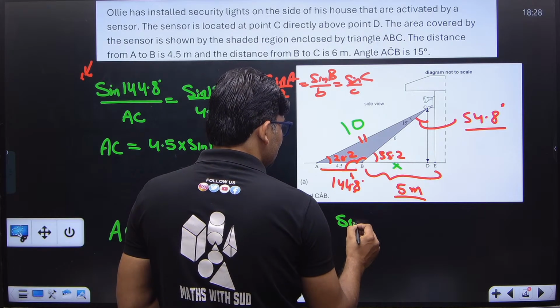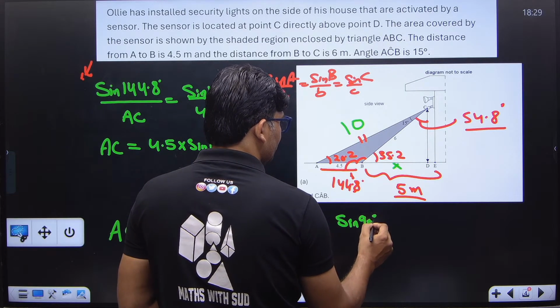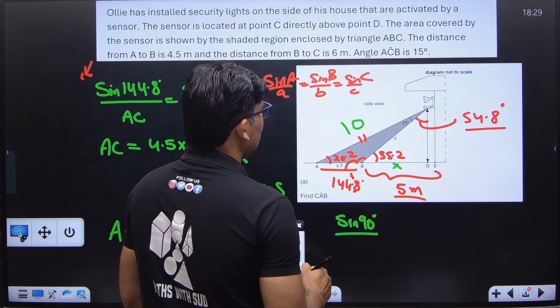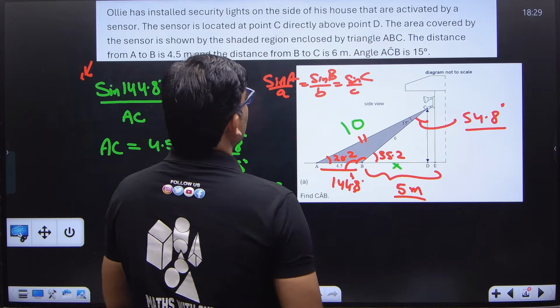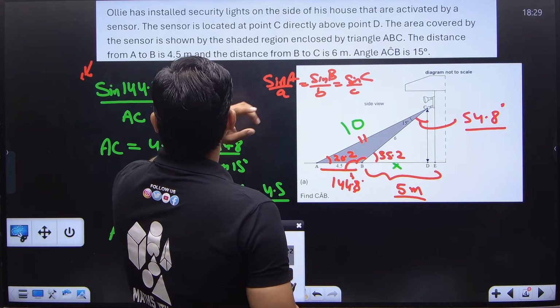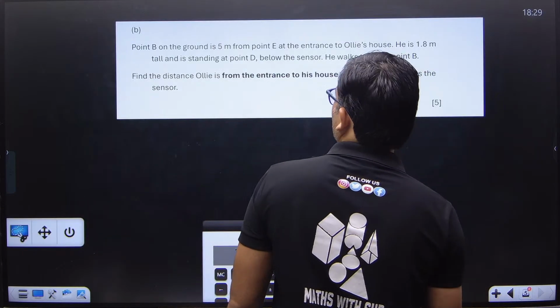So we can say sine 90 upon, no, is CD given to us, beta? CD? I don't think so. No, I think in the next part it was given to us.